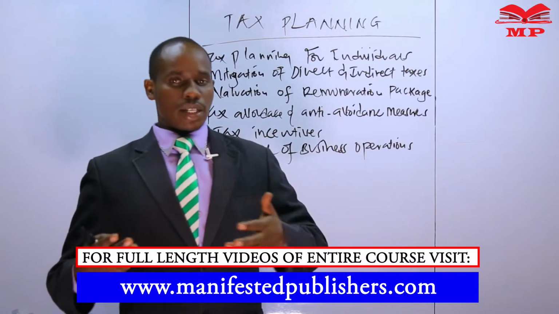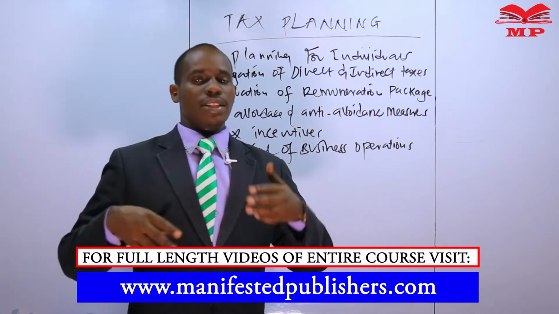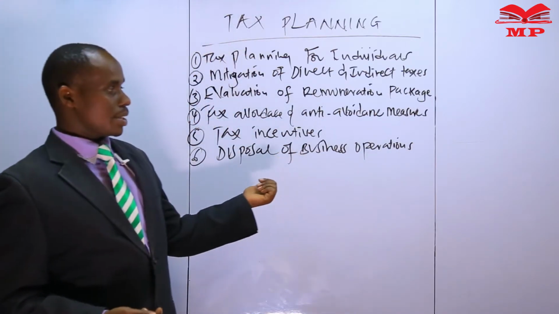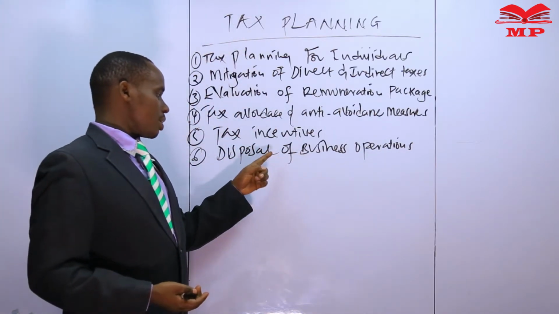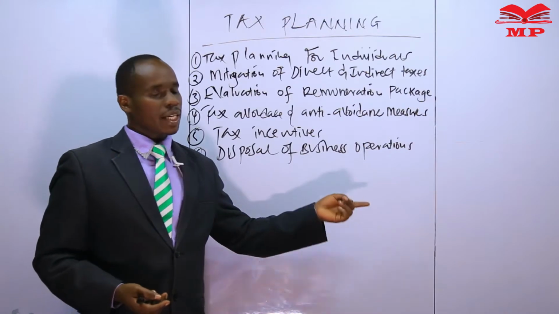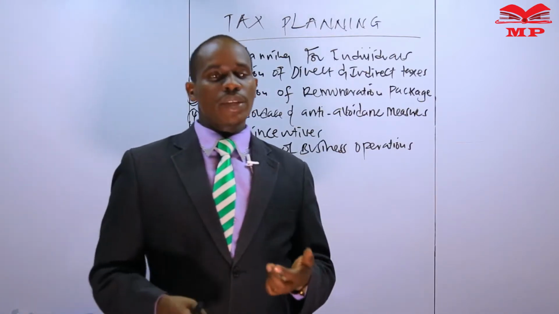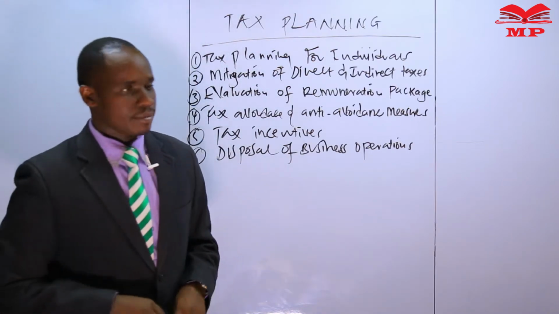So how can we handle tax matters in that particular case? We will see in this subtopic the responsibilities of the seller and the buyer regarding the tax matters. What are you supposed to do regarding the same?